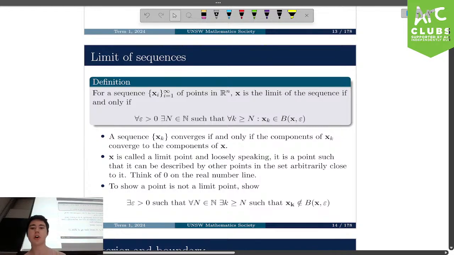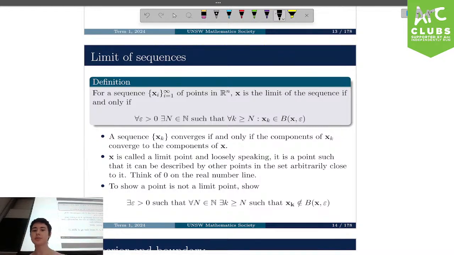For a sequence of points, denoted by x_i from i to infinity, within the space R^n, we have that x is the limit of the sequence if and only if for all epsilon greater than 0, there exists some natural number N whereby your value x_k is going to be inside of this ball.